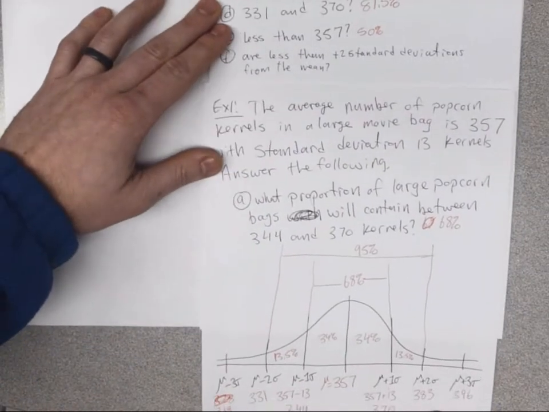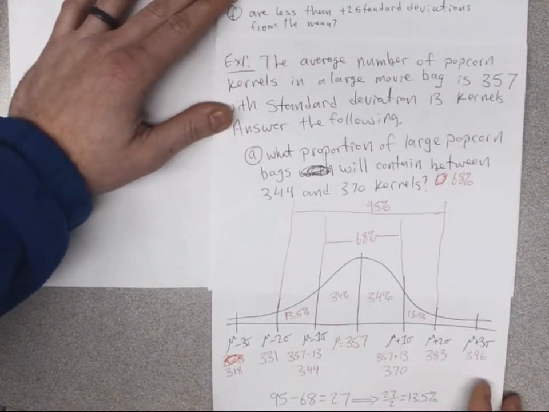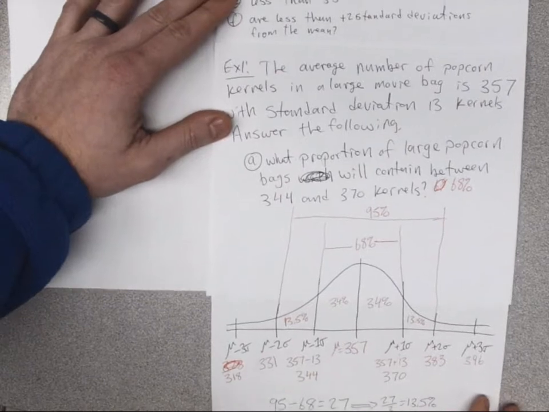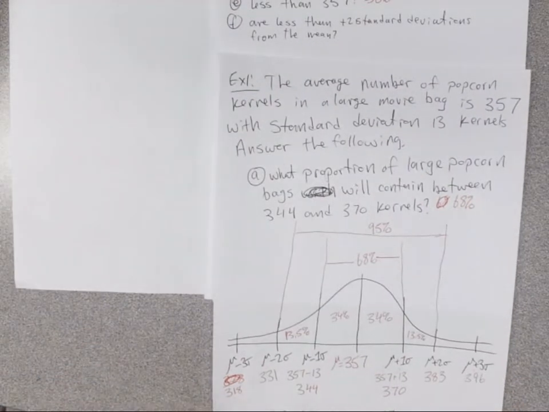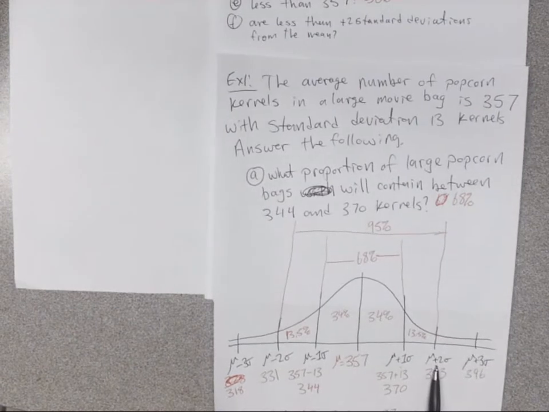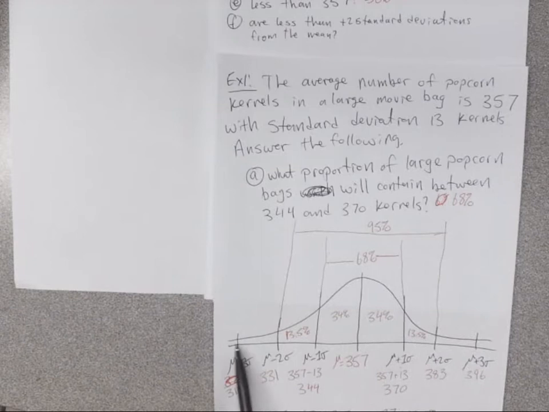All right. What proportion are less than plus 2 standard deviations from the mean? So let's come down to our graph and let's find 2 standard deviations. So here's plus 2 standard deviations. So I want to know less than, which is all of this portion.